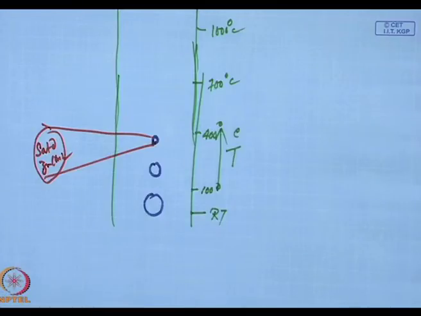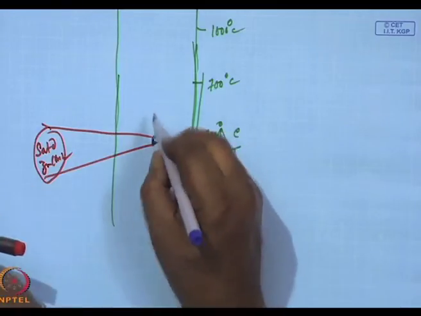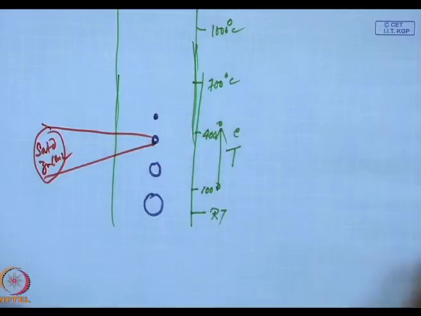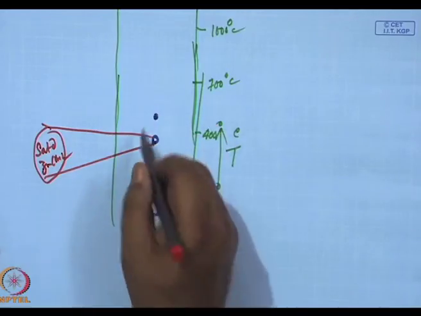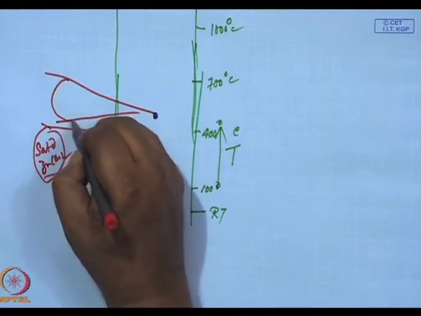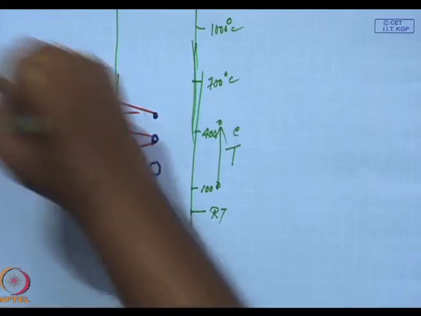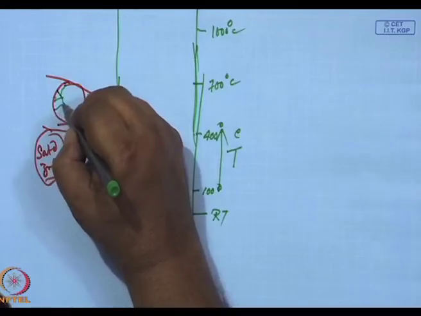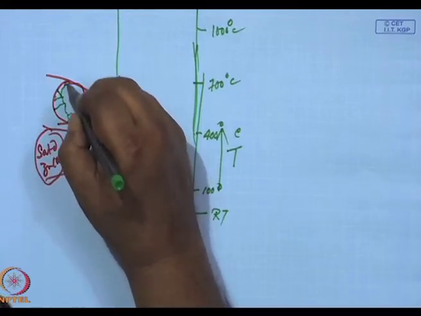And as this moves in still more, say 600 degrees centigrade, the situation may be that this is the droplet and within it zinc acetate crystals have separated out.